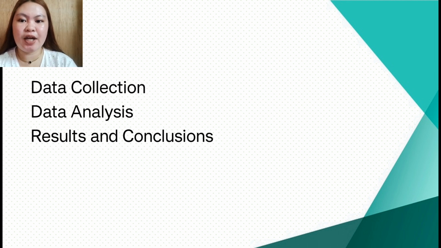And the last is the result and conclusion. The researcher interprets the findings and draws conclusions based on the analysis. The results are typically presented in the form of tables, graphs, and statistical measures such as means, correlation, or regression coefficients.